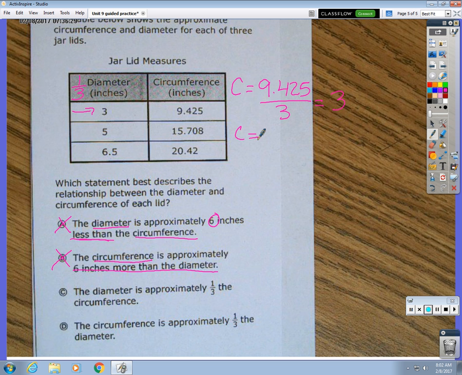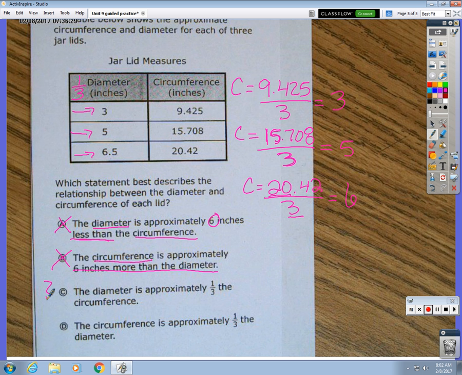If we take the second circumference of 15.708 and divide that by 3, we're going to get approximately 5, because 3 goes into 15 5 times. If we take our third circumference, 20.42, and divide by 3, 3 can go into 20 approximately 6 times. So testing each one of those, C works the best so far.